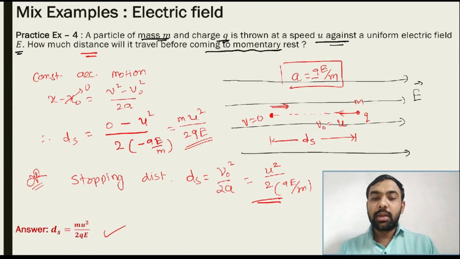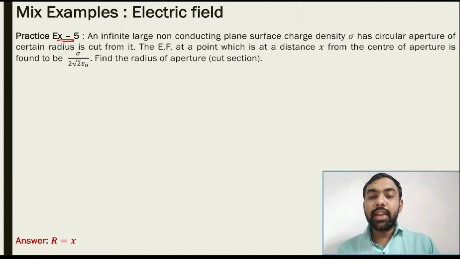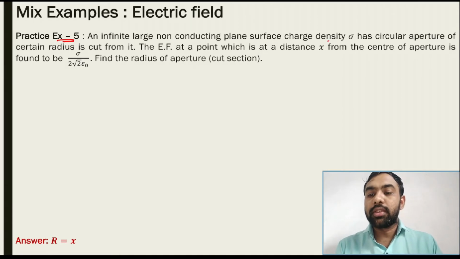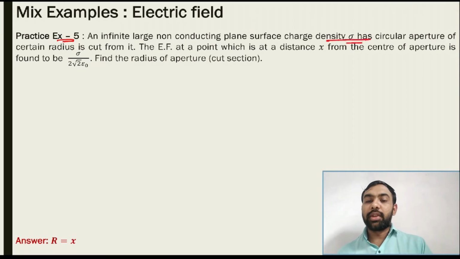Let's see example number 5. An infinite large non-conducting plane surface having a charge density sigma has a circular aperture of a certain radius cut from it.